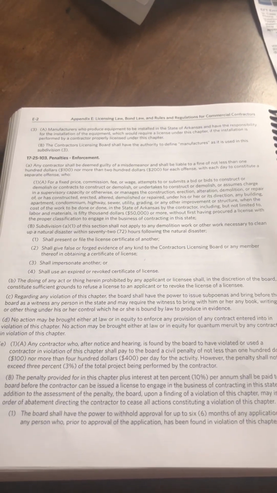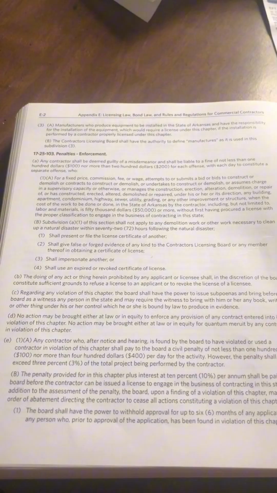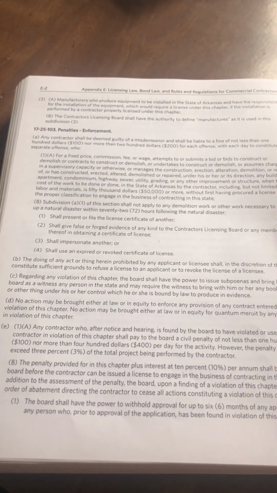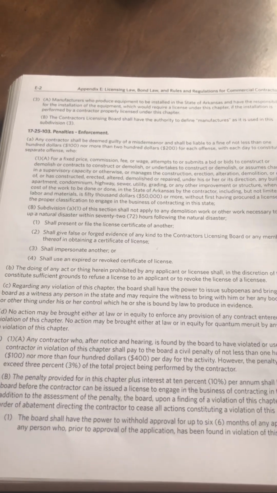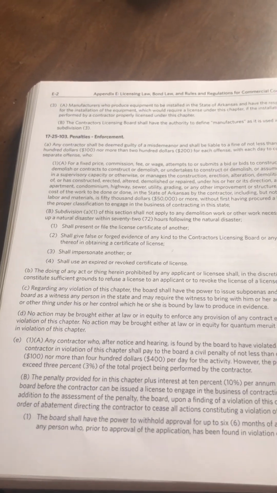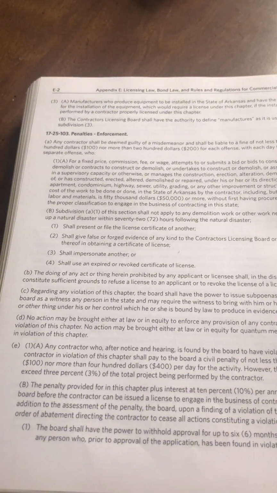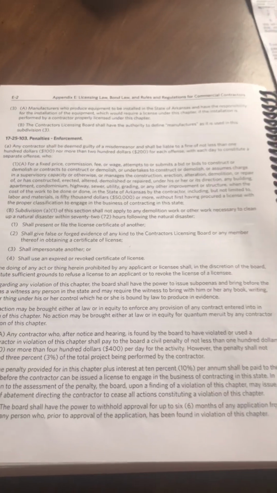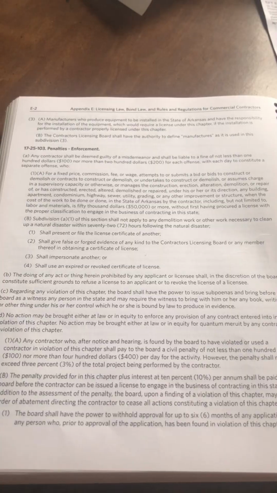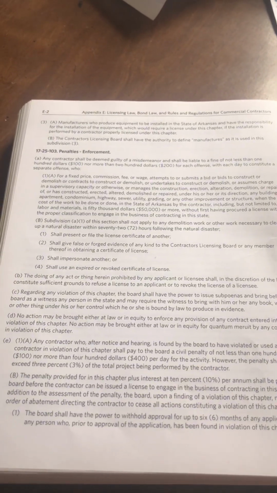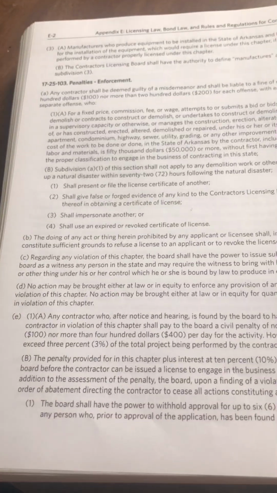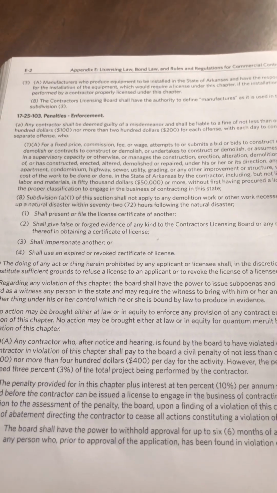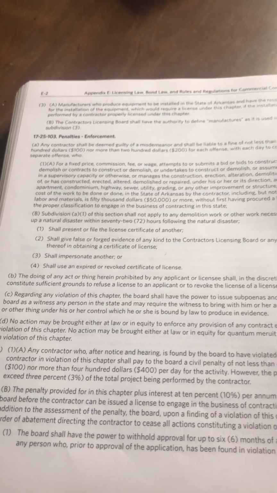However, the penalty shall not exceed 3% of the total project being performed by the contractor. I think there might be a question that asks about that 3%. Like, what's the penalty given to a contractor that something something is 3%. And the question has like 1, 2, 3, or 4%.